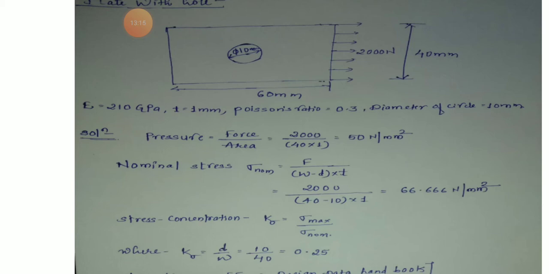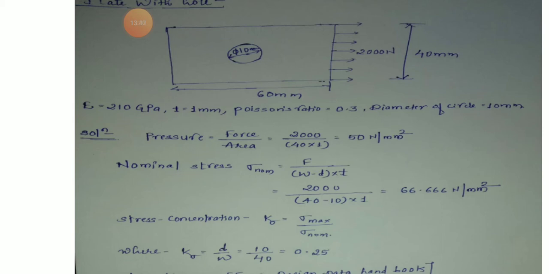Along with that, you are given E, that is Young's modulus, as 210 GPa. You have to convert this 210 GPa into Newton per mm square. That is very important. Thickness of the plate is given as 1 mm. Poisson's ratio is given as 0.3. And the diameter of the hole is given as 10 mm.